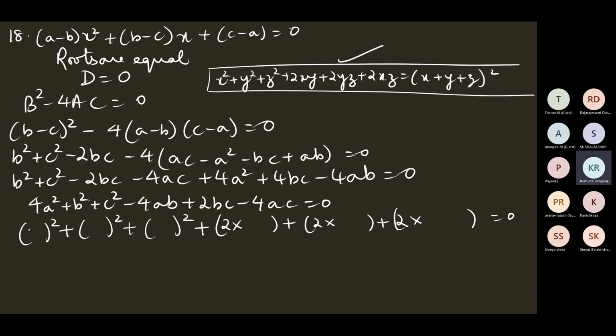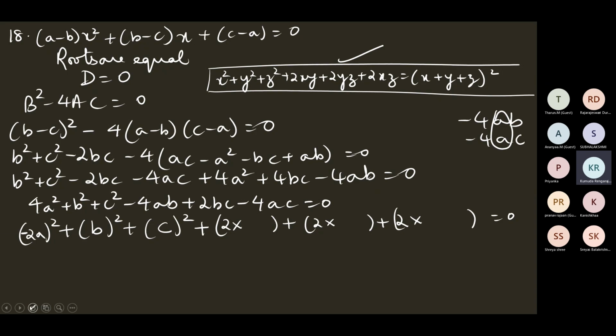So x squared, 2a the whole square, y squared, z squared, 2 into a into b. Now see, there are 2 terms with a minus sign. So minus 4ab, and minus 4ac you have. Where a is common, fix a minus sign to that a term. Or you can also fix a minus sign to the b and c terms. You can do 2 things.